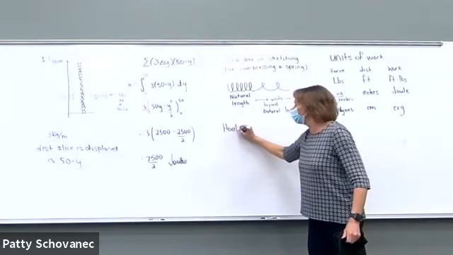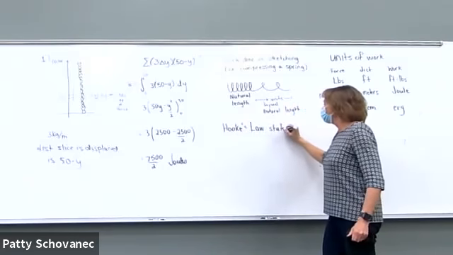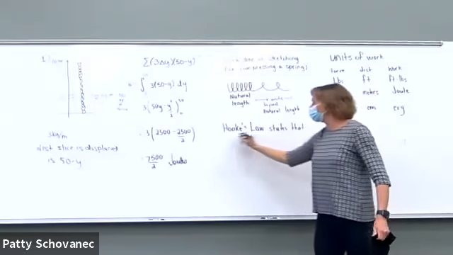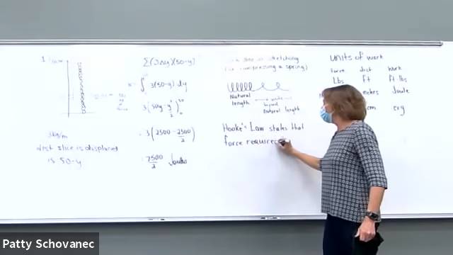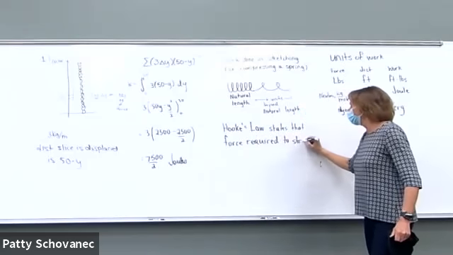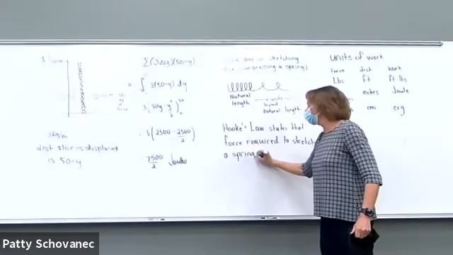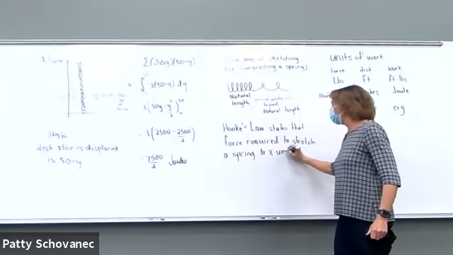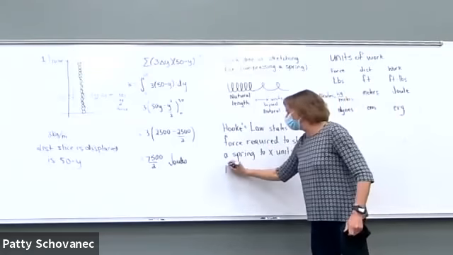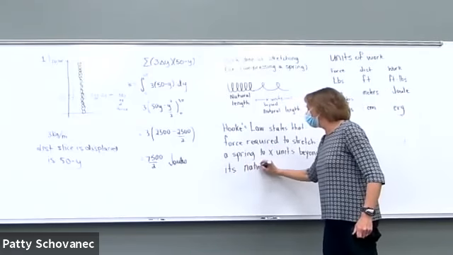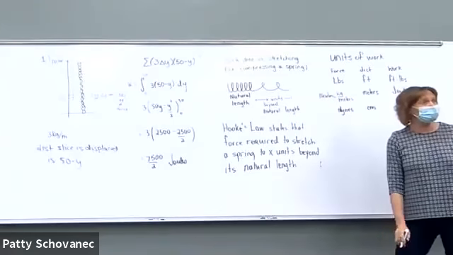Hooke's law states that the force required to stretch a spring to x units beyond its natural length is directly proportional to that number x.